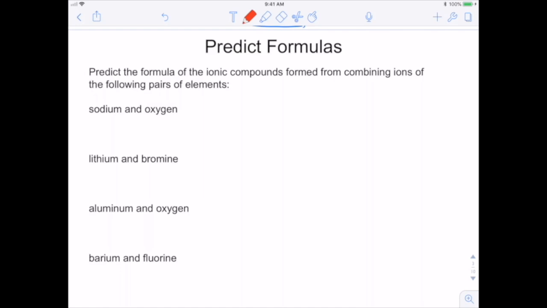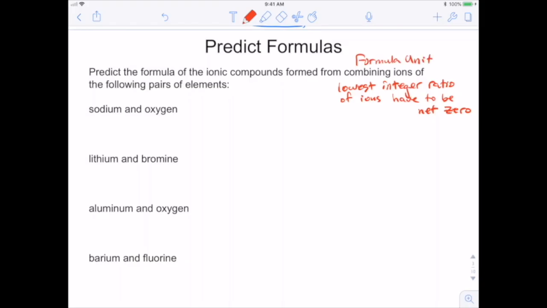So the formula unit, which is the lowest integer ratio of the ions, has to be net 0. That's how you determine the lowest integer ratio, right? And of course, this is the formula unit.